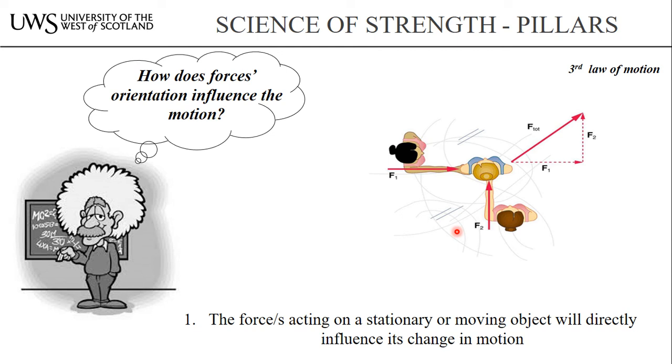And as a consequence, we are going to put into a plan some exercises which have the same force orientation. One possible option could be a back squat. Another possible option could be a deadlift.